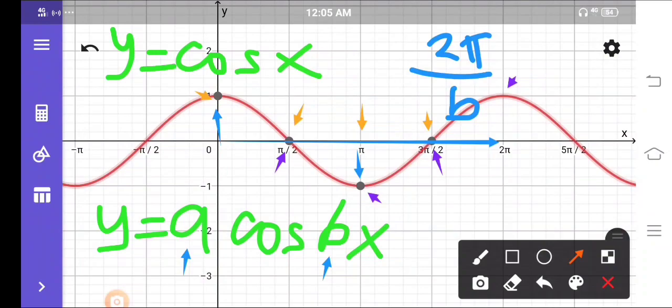Again, the key points are 0 and 1, pi over 2 and 0, pi and negative 1, 3 pi over 2 and 0, then 2 pi and 1.